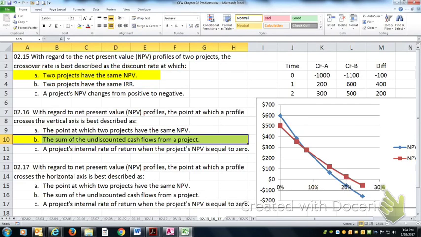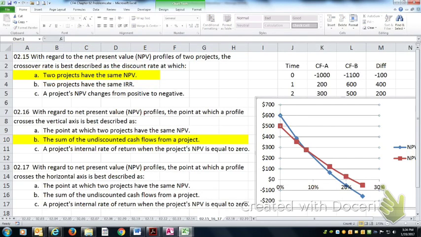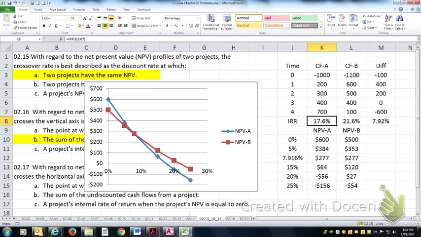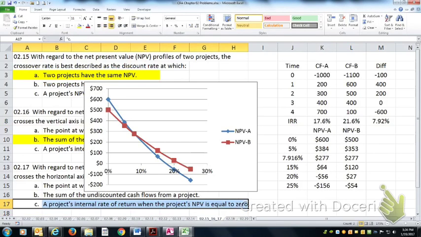And we can see for the project in blue, the IRR is, I don't know, sitting down there around 18, so 17.6, and it's up above 20 for project B, 21.6. So that's where it's crossing, right there at 21.6. Okay, so the answers are A, B, and C for this one.